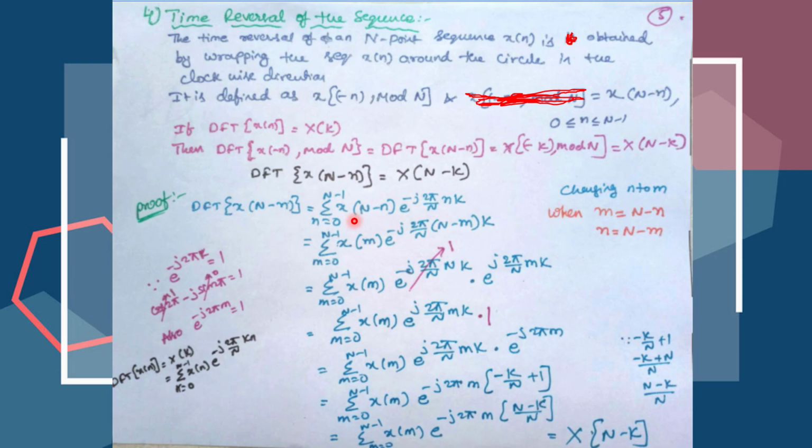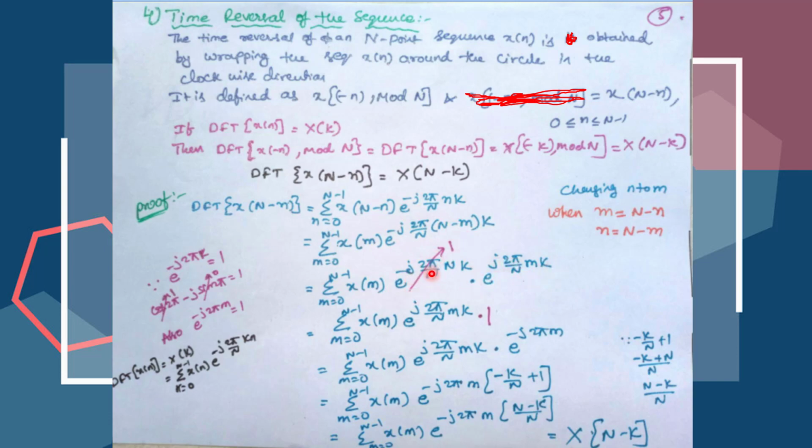Substitute x of m in place of x of N minus n, and N minus m in place of n. Split this equation into 2. X of m e power minus j 2 pi by N into N k into e power j 2 pi by N m k.